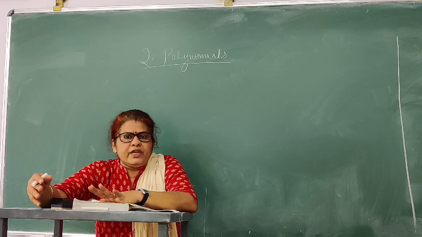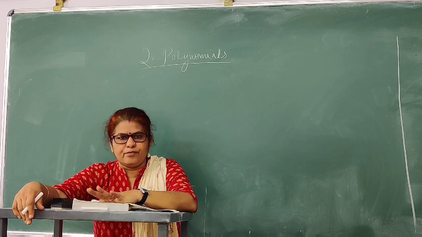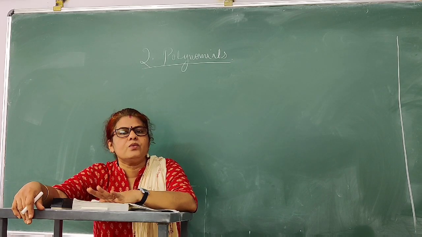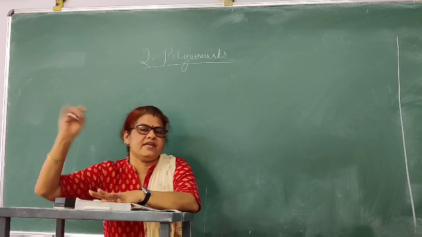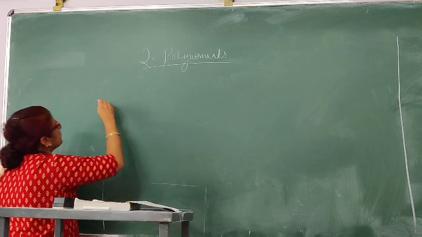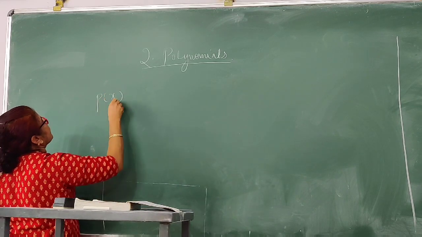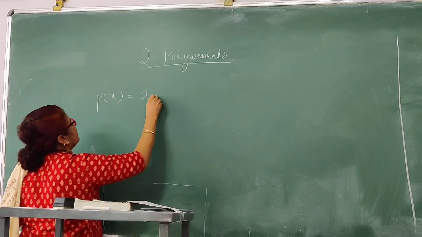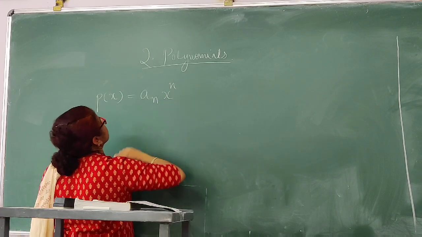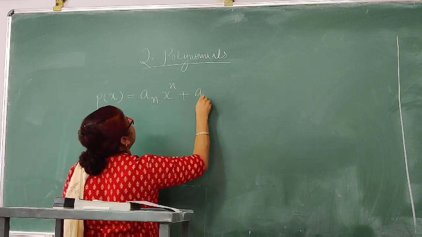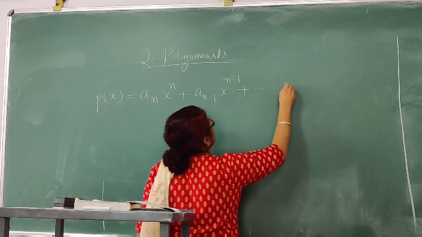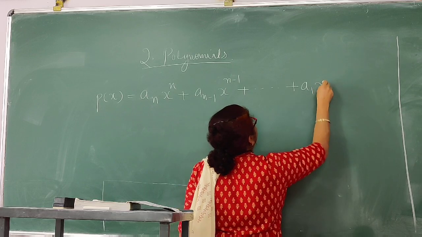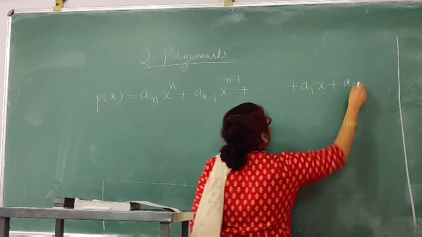Then we discussed in this lesson polynomials in one variable x, and its general form is given by p of x is equal to a_n x raised to n plus a_(n-1) x raised to n minus 1 plus etc. plus a_1 x plus a_0.